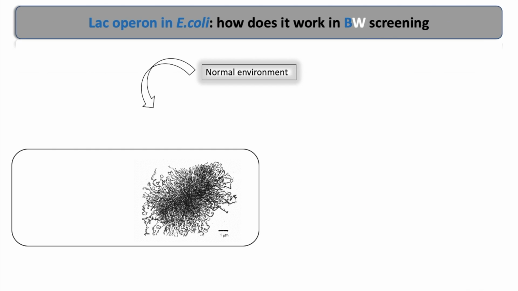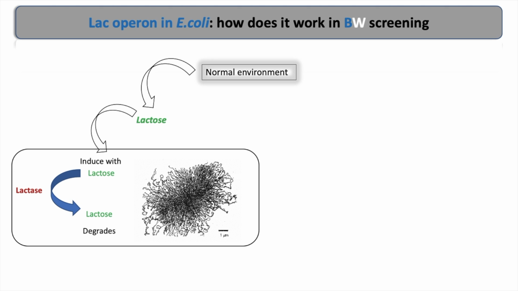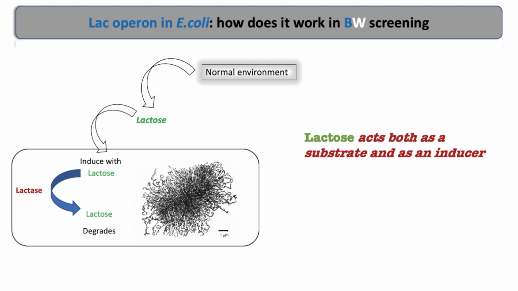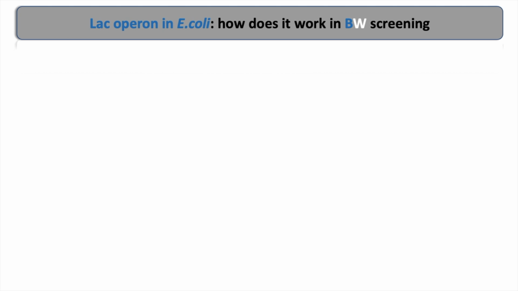Again, in a normal environment, lactose from the outside gets into the cell. It induces lactase, which in turn degrades the lactose. So basically lactose acts both as a substrate and as an inducer.